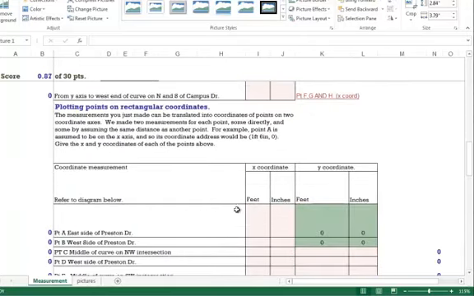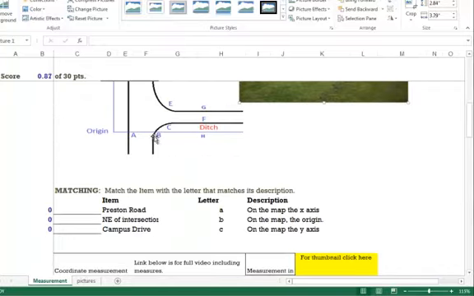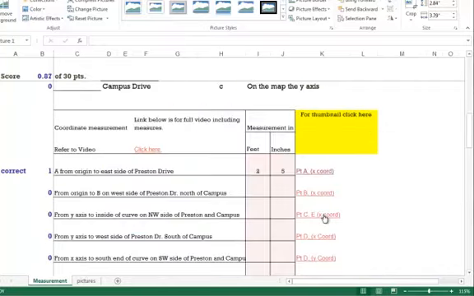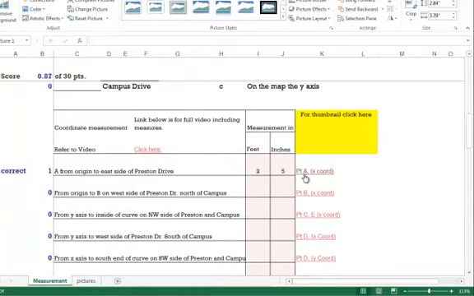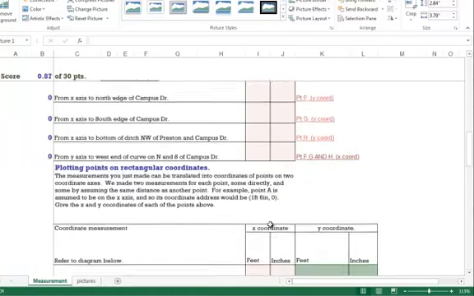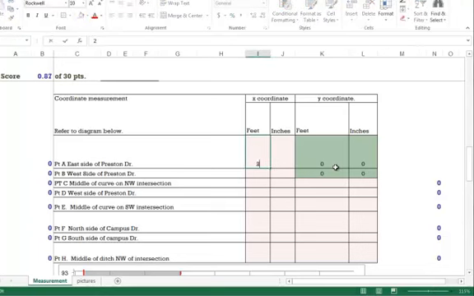The other thing that I'd like you to notice is that point A has a y coordinate of 0, and then point B also has a y coordinate of 0. So you'll fill those in. Then, point A's x coordinate is right here, so when we get down below, we put point A's x-coordinate into this spot also.